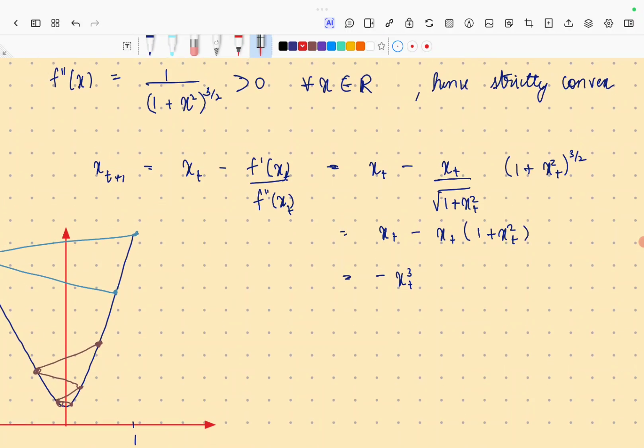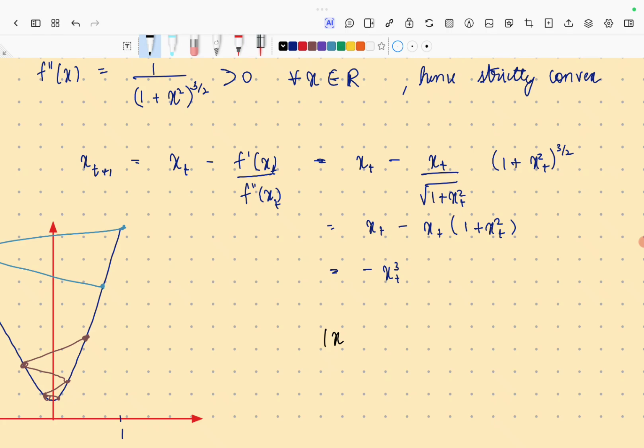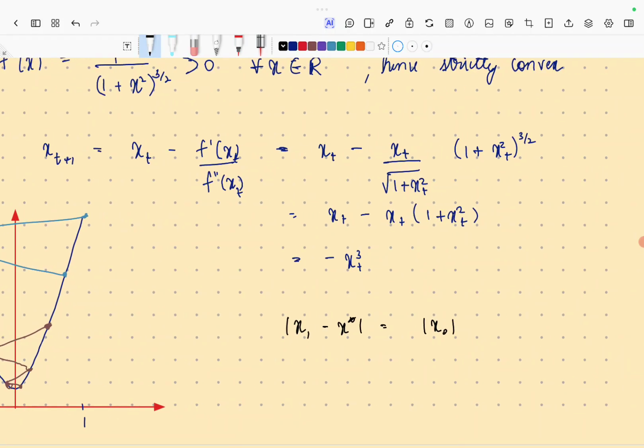So if we start with x0, x1 minus x star is, switching notation, mod x naught cube, which is less than x naught square.